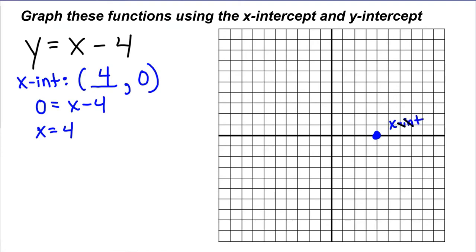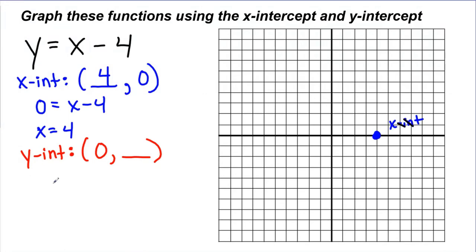And to find my y-intercept, I know that's going to have an x value of 0. Sometimes it's easy to get confused on which one's going to be 0. But remember that an x-intercept has an x value and a y-intercept has a y value. The other ones are 0.